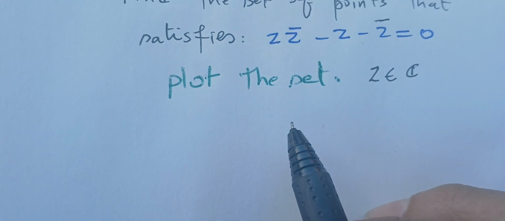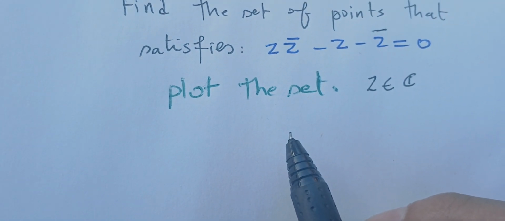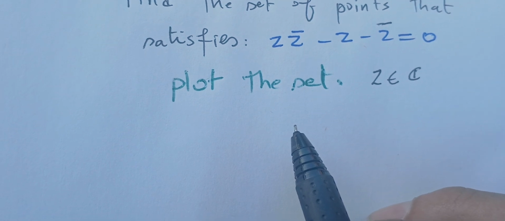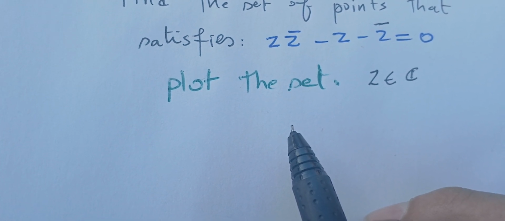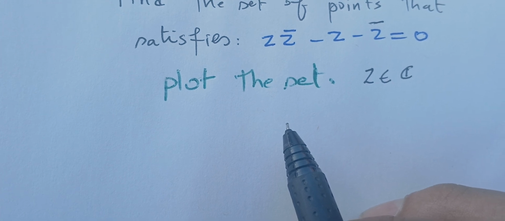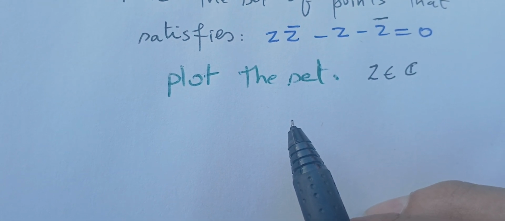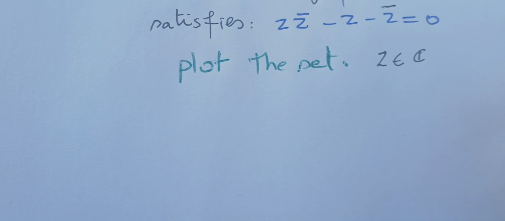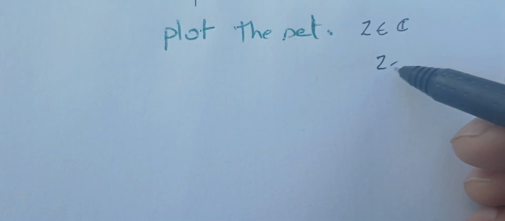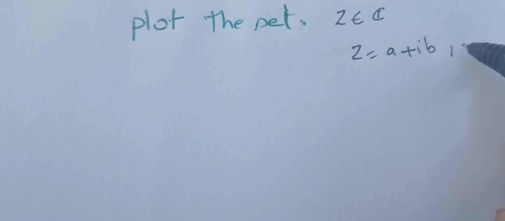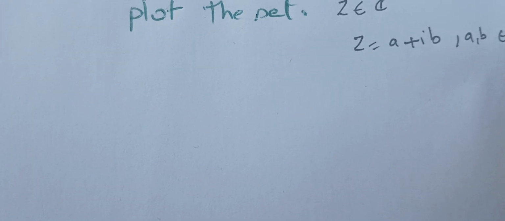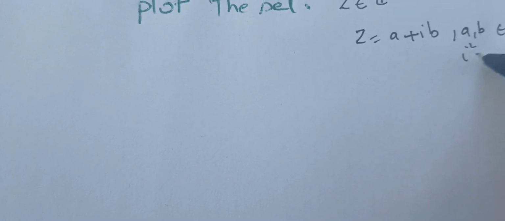We can do this one in any way we like. I think a quick way is that we can use the fact that we can write z as a plus ib with a, b reals and i squared is minus 1.